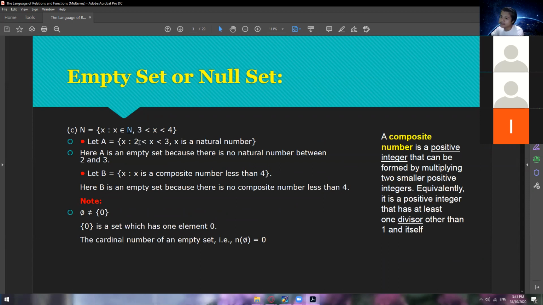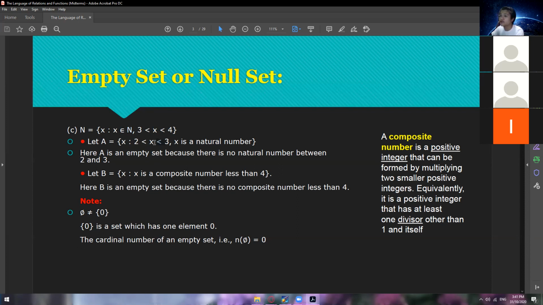And then if you're going to take a look on this one, your element x is greater than 2, and then less than 3. Okay, so basically, it is ranging from 2.01 hanggang 2.99. But if you're going to count it as part of this element, then hindi na siya natural number. Yung mga yon is rational numbers na.